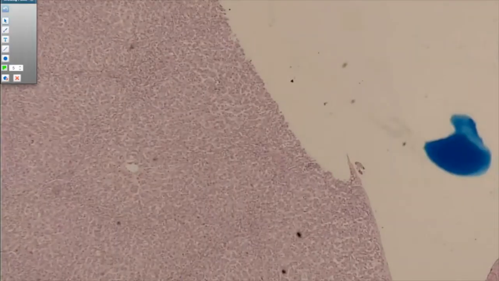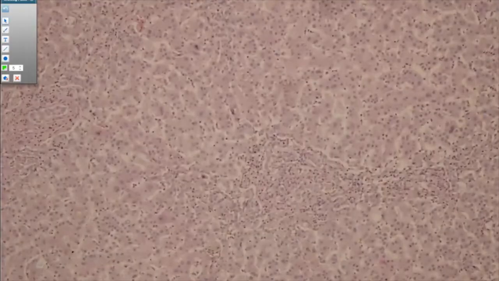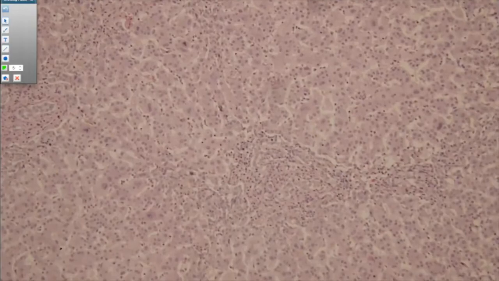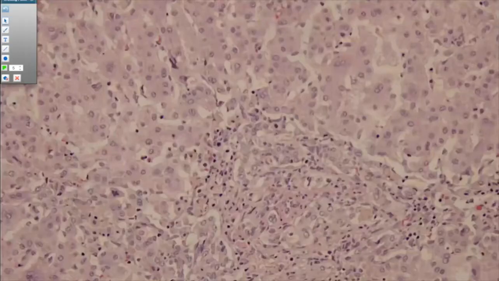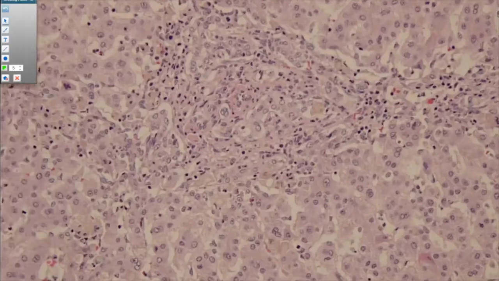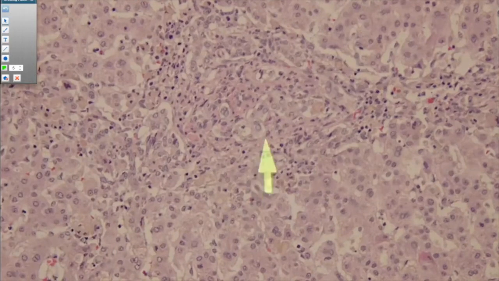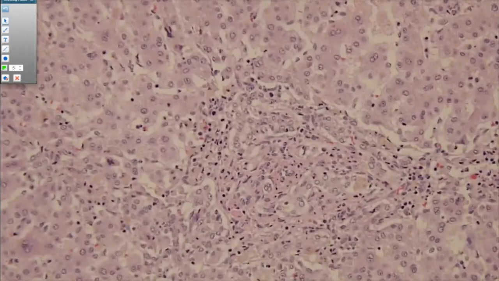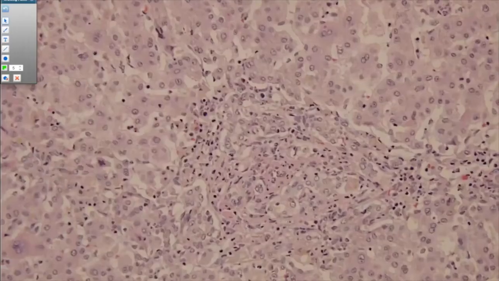And how about the liver? In the hepatic parenchyma, you can see some bile ductular reaction. And also, you can often see bile plugs in the bile duct, which is very helpful to confirm the diagnosis of biliary atresia.